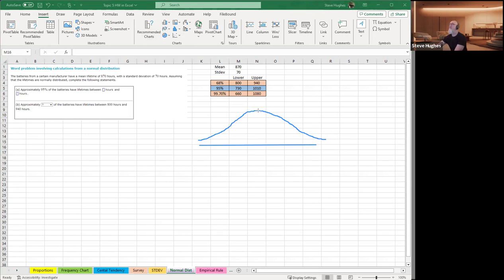Here in the very center, we have the mean. Then we go 1 standard deviation out, 2 standard deviations out, 3 standard deviations out, right? Same thing on this side: 1, 2, 3 standard deviations.